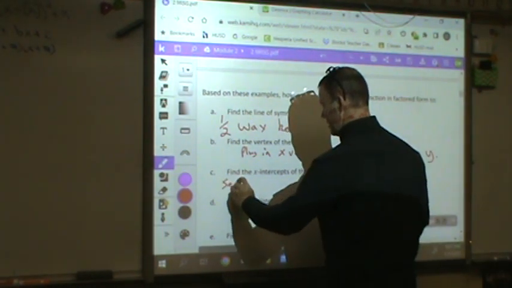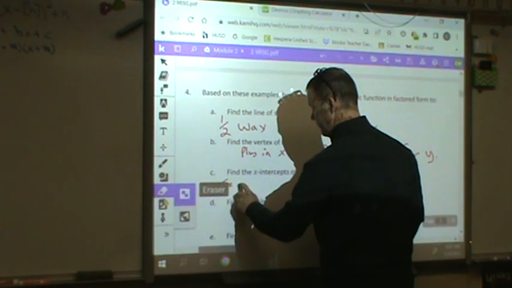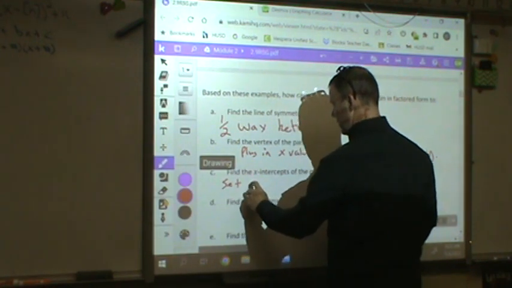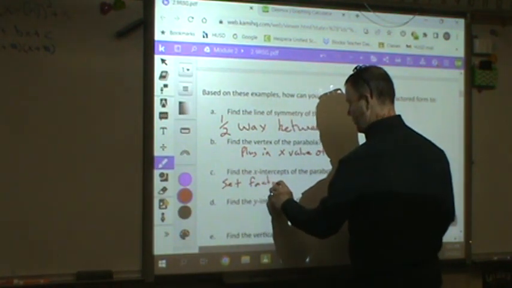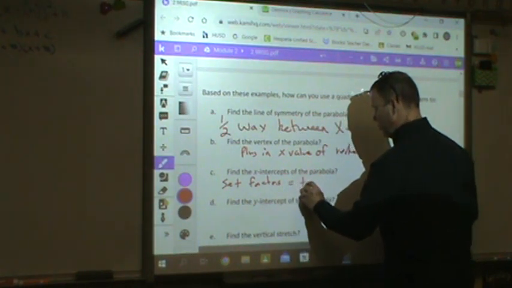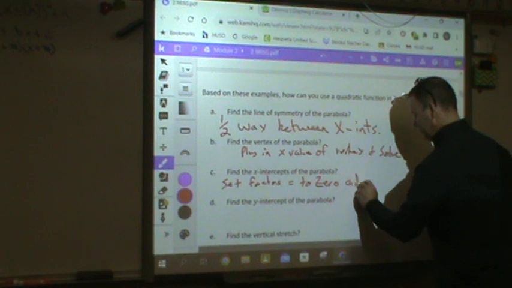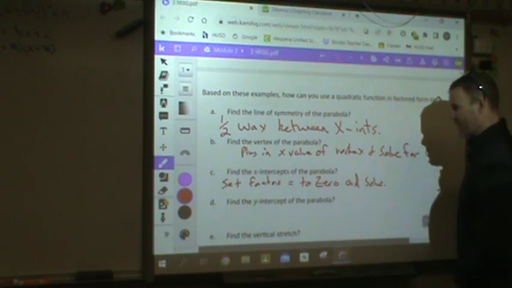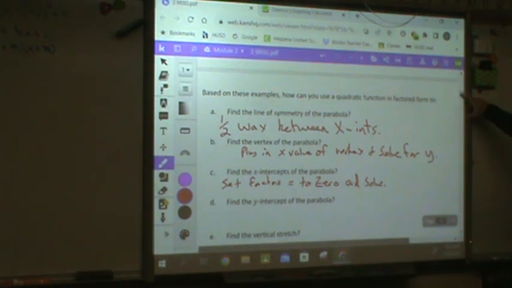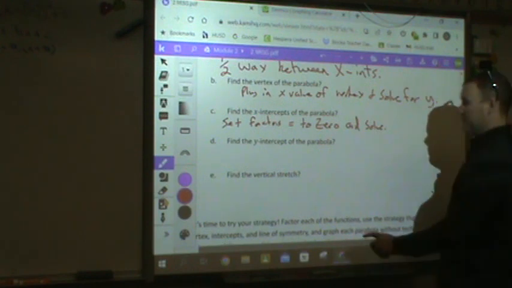How do you find the x-intercepts of the parabola? We're going to set the factors equal to 0 and solve. That's how we find the x-intercepts. How do we find the y-intercept of the parabola?